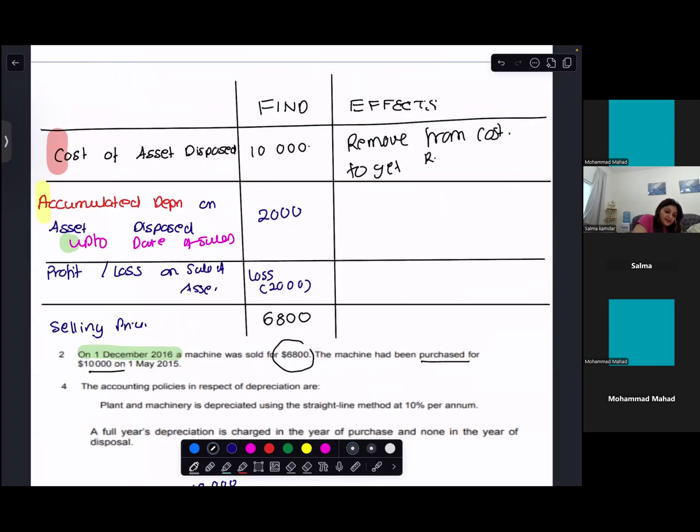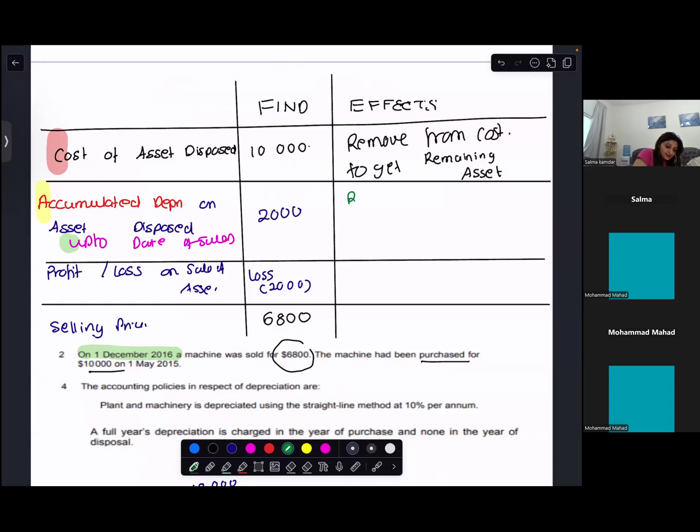From your cost, you will remove the cost of the asset disposed to get your remaining assets. Then remove accumulated depreciation from accumulated depreciation to get accumulated depreciation of remaining assets.